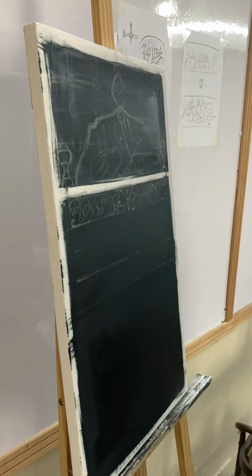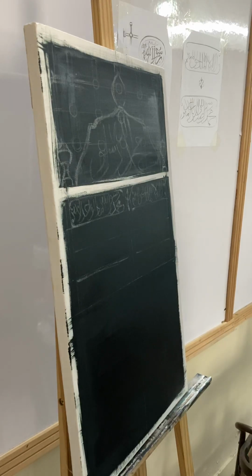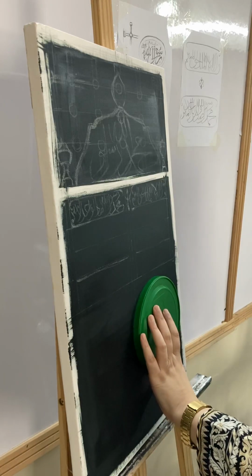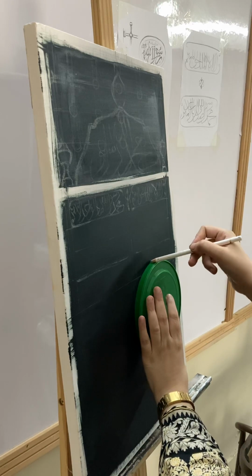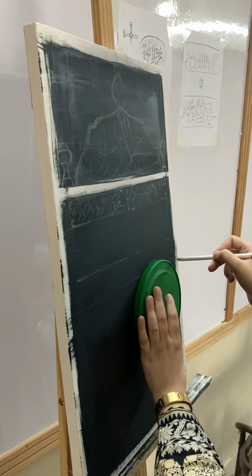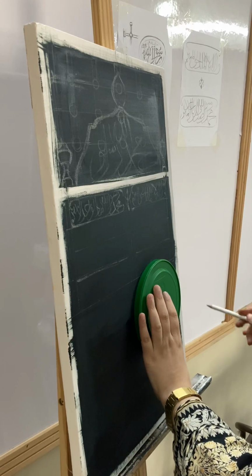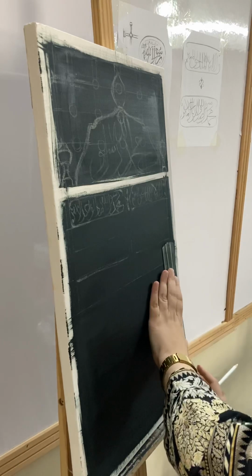So here I'm going to use the lid, and I'll make a center, assuming some parts of this circular portion are coming in this area of the background. And here too we have the extension of the rods.